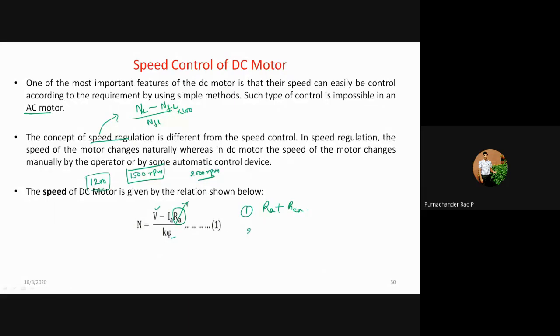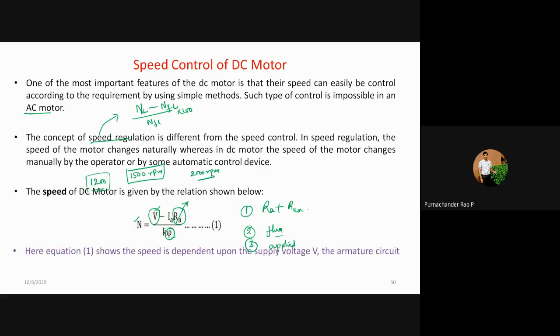And then the second method is I can vary the flux, so that your speed can be varied. And the third method is you can vary your applied voltage. For the DC motor, you can vary the applied voltage, then your speed is also varied. So these are the three different methods we can use for controlling the speed of a motor.